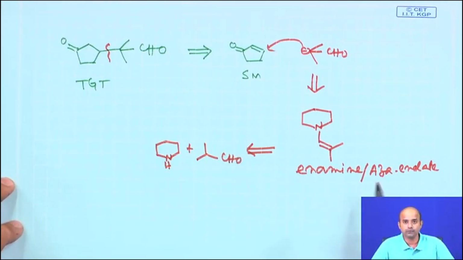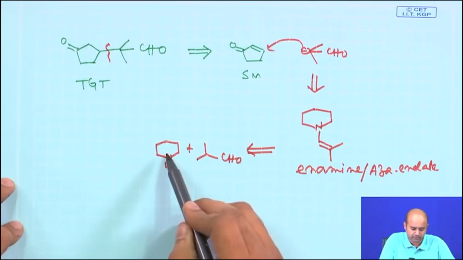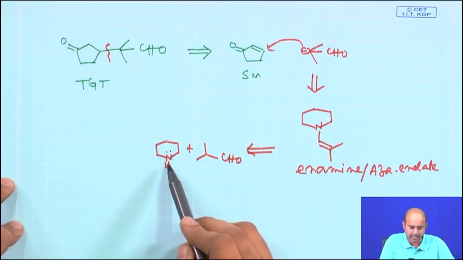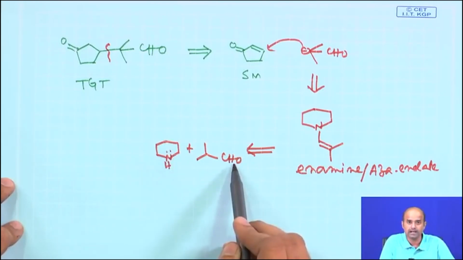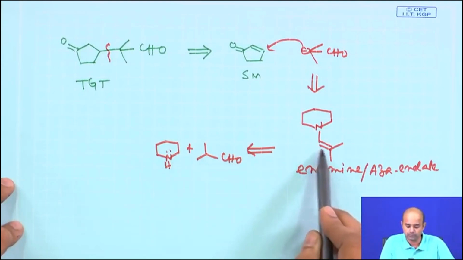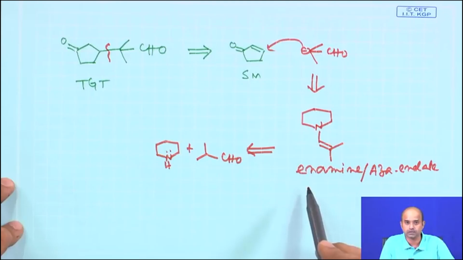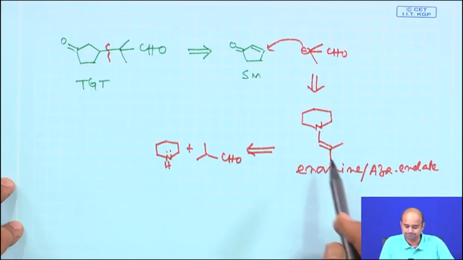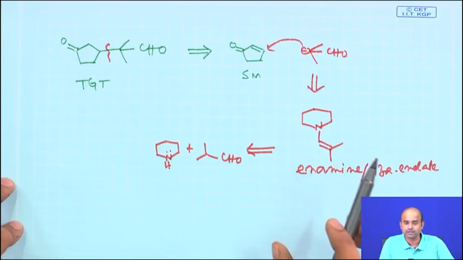isobutyraldehyde. Now, how does this reaction go? This nucleophilic amine attacks the aldehyde carbonyl and then simple water elimination takes place to give you this enamine or aza-enolate. Now, enamines are very strategically useful intermediates.